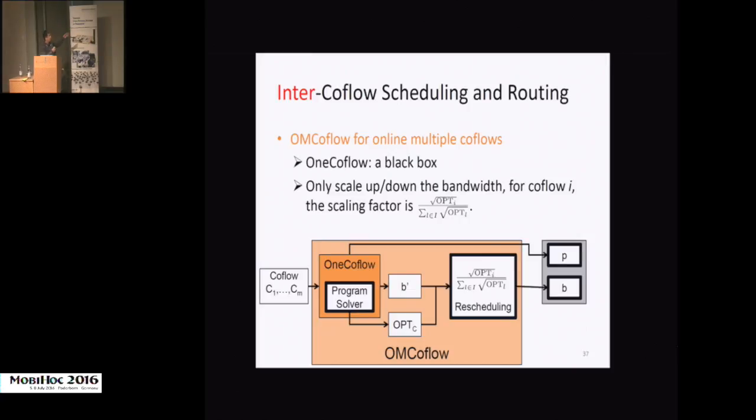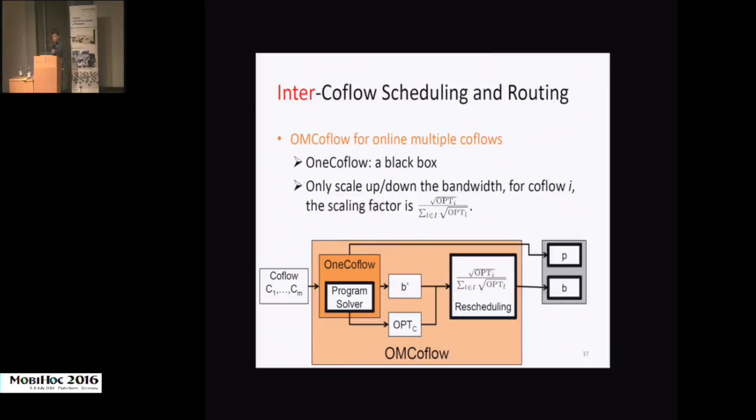So here's the framework of OMCoflow. Again, the input are the coflow information, and we first assume each coflow monopolizes the whole network. And by one coflow, we can compute for each coflow a valid strategy, which includes the bandwidth and the path for all of the flows within this coflow. And by the way, during the computation, again, the one coflow will compute the OPT value for program P, which is relaxed from the original program.